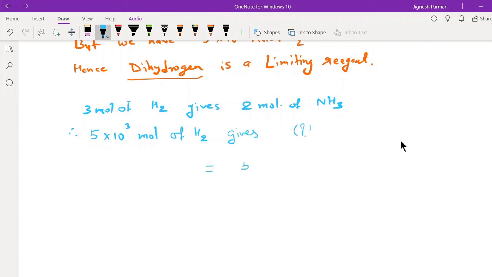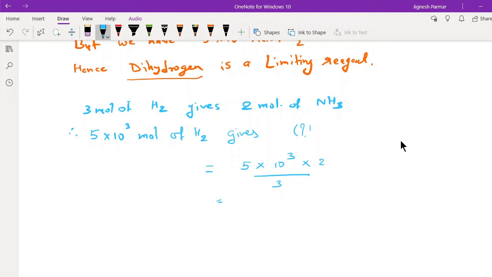So the question becomes: 5 into 10 raised to 3 into 2 divided by 3. I'm going to use a calculator to find this answer, and you can also use a calculator in the exam, so don't worry. 5 into 2 is 10, and then into 1000 is equal to 10,000 divided by 3.